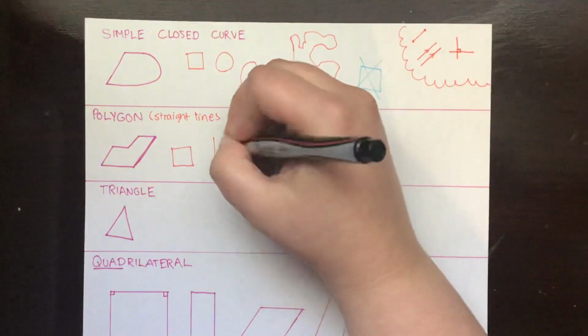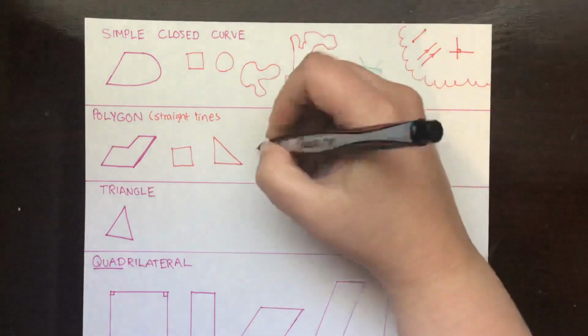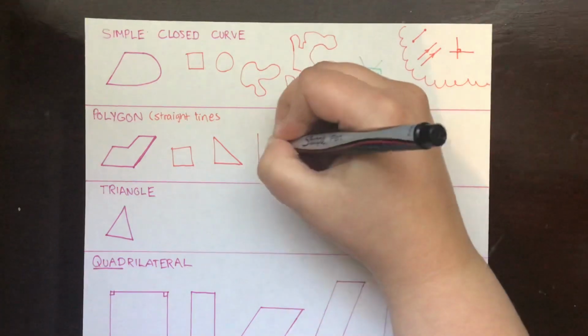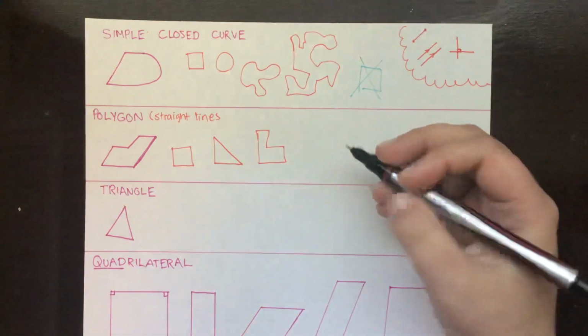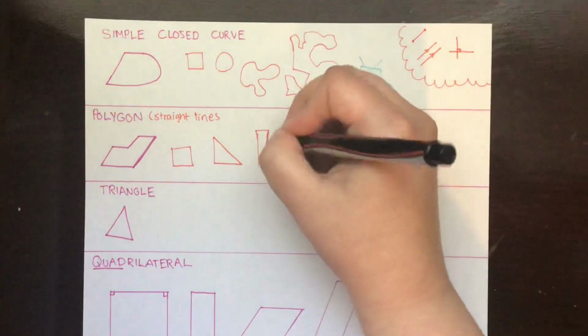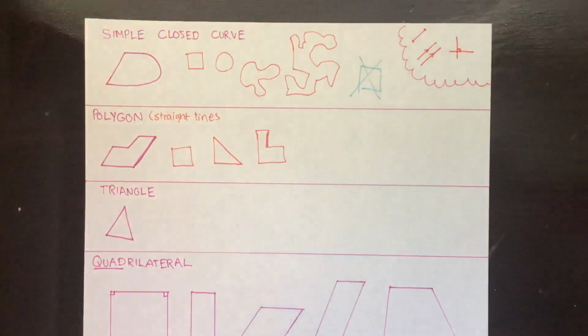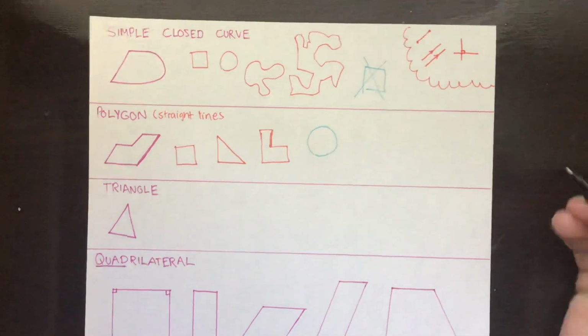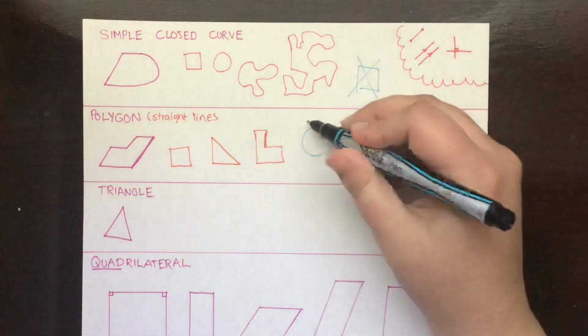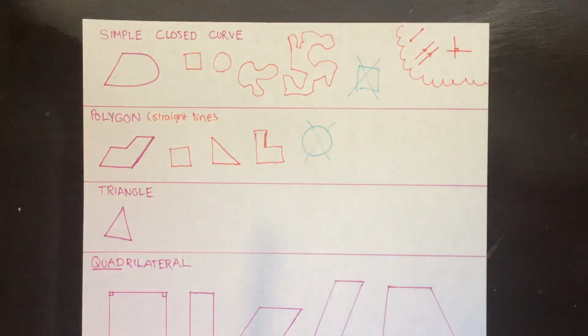But we could have a triangle. We could even have some more weird shapes, like a weird L shape. That technically is a polygon because all the sides are straight, even though my drawing is not very good. However, something like this, a circle, would not be considered a polygon because its lines are curved. So we don't count it in that section.